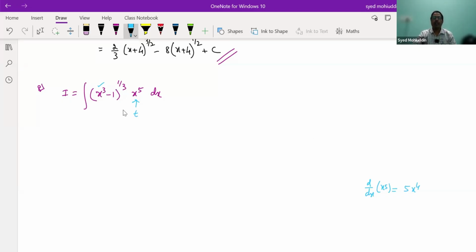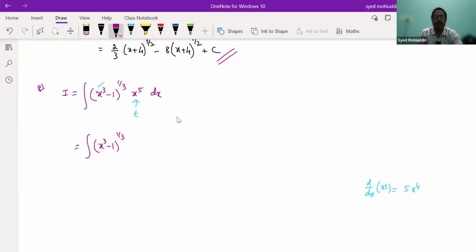So I have to simplify in this way and try to make this value also in terms of x power of 3 or x power of 4. That is what we need to do over here. x power of 5 you cannot take as t.